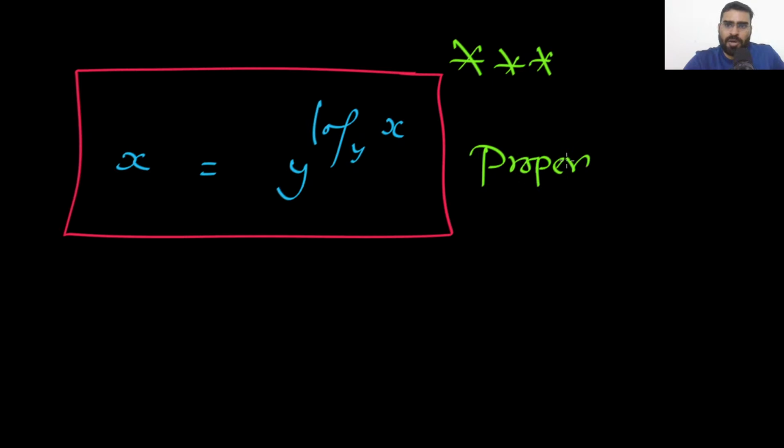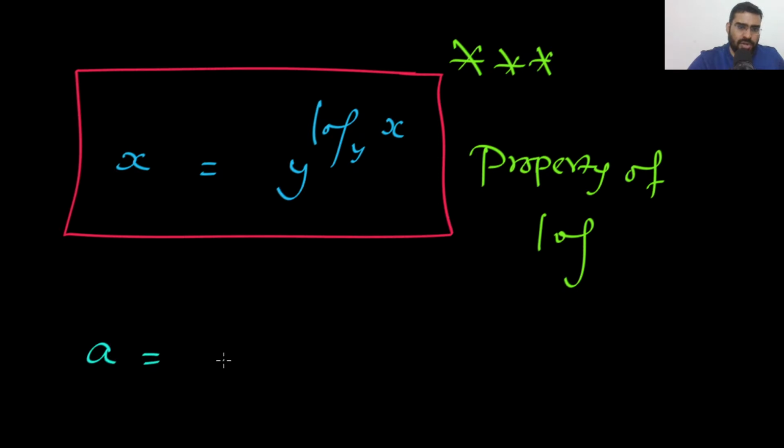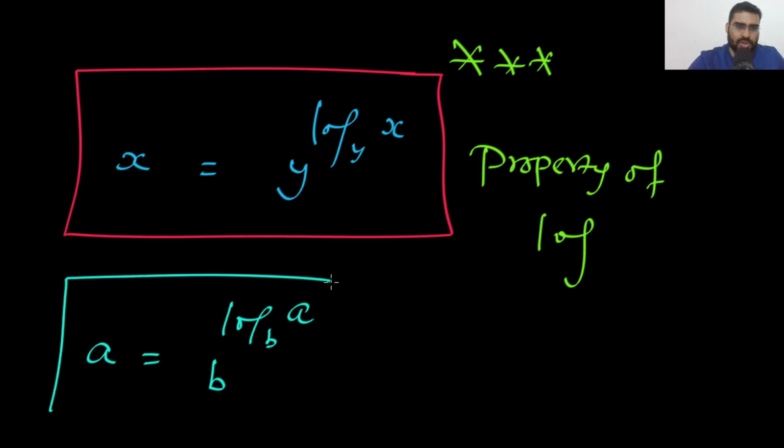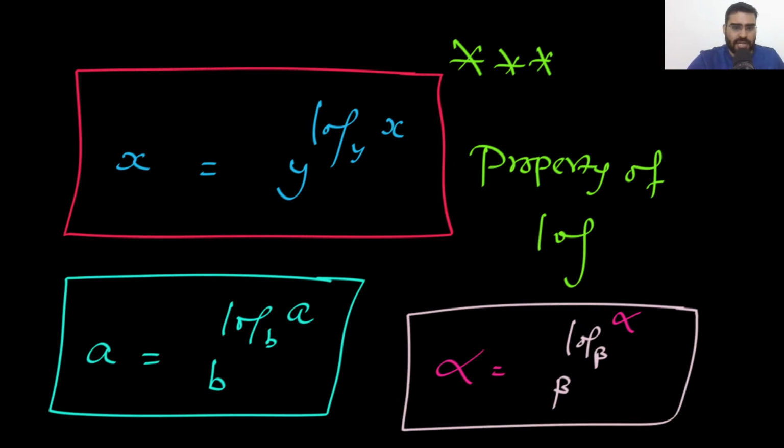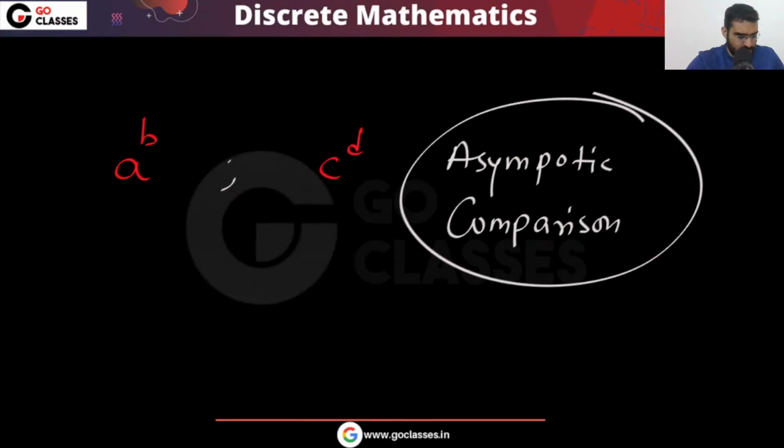Whenever you have a, you can write it as b power log base b of a. Similarly, anything like alpha or beta can be written this way.